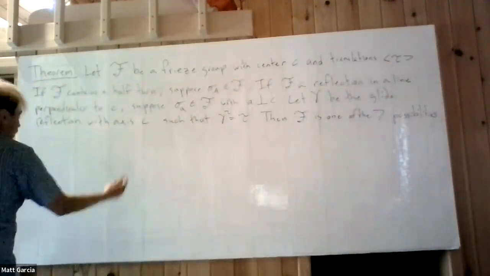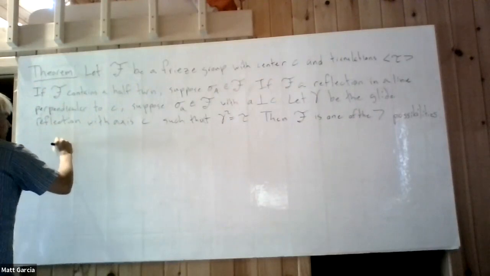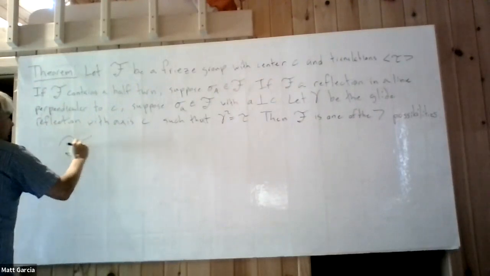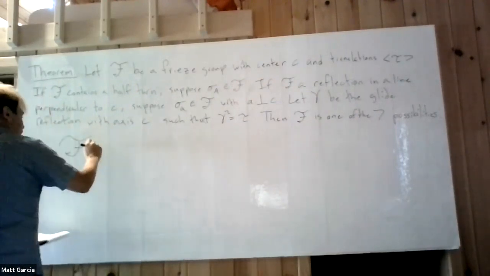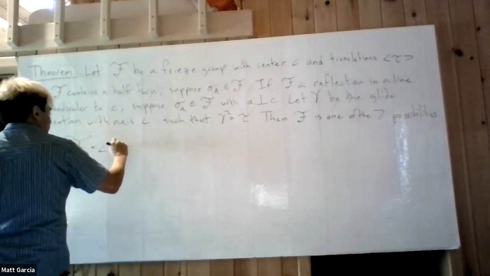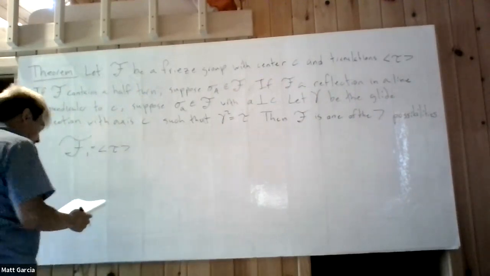Okay. Now, I'll just remind you of the 7 groups that we've discussed. We have F1, the group just generated by tau.